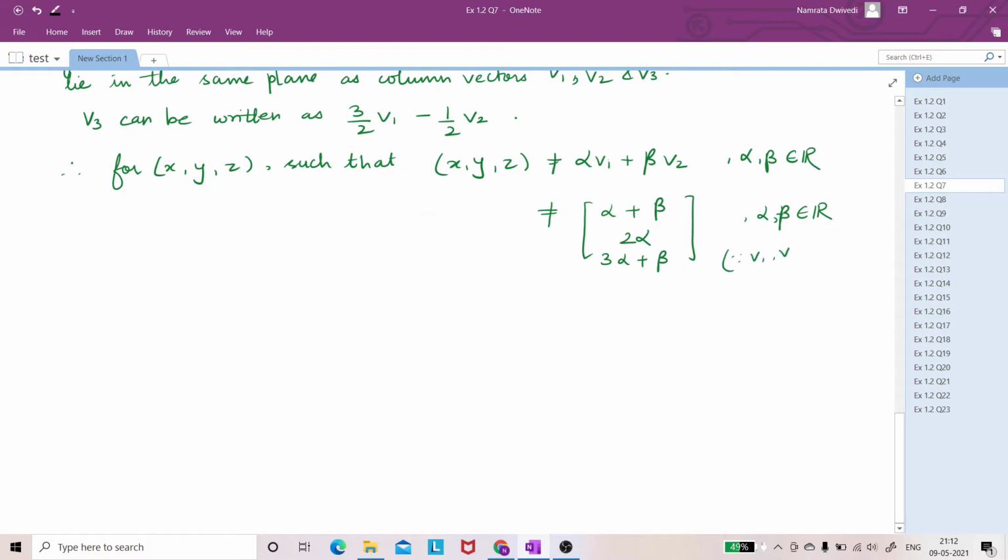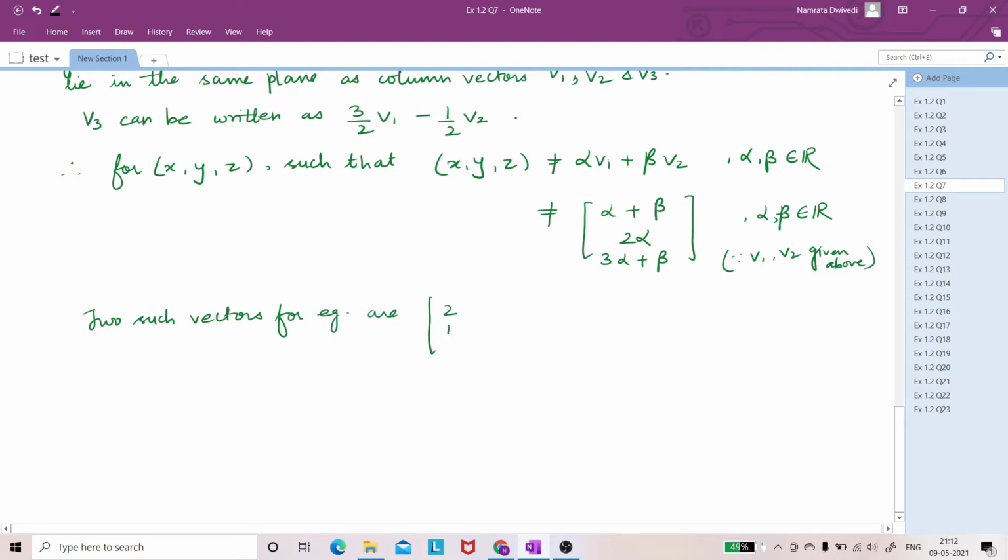Since V1 and V2 are given above, you can write it in the given reason. Two such vectors for example are 2 1 1 and the second one is 1 2 2. So we have got this.